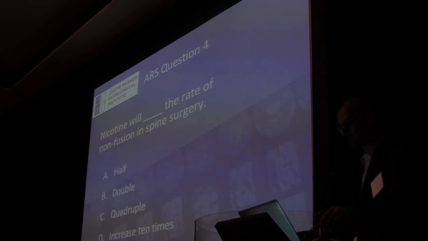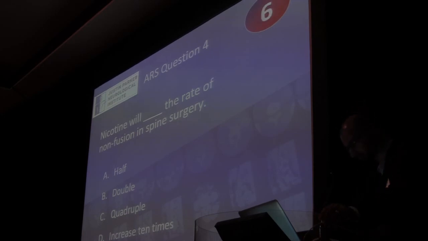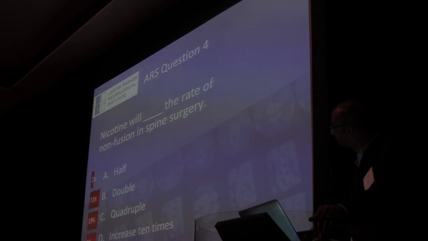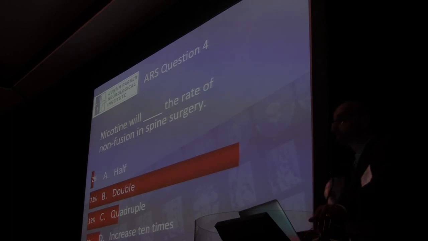Nicotine will half, double, quadruple, or increase 10 times the rate of non-fusion in spine surgery compared to normal patients. Yep, it'll double the rate, exactly. And so why we oftentimes will try to get patients to quit smoking as well or get off nicotine prior to surgery, but sometimes you don't have that luxury.